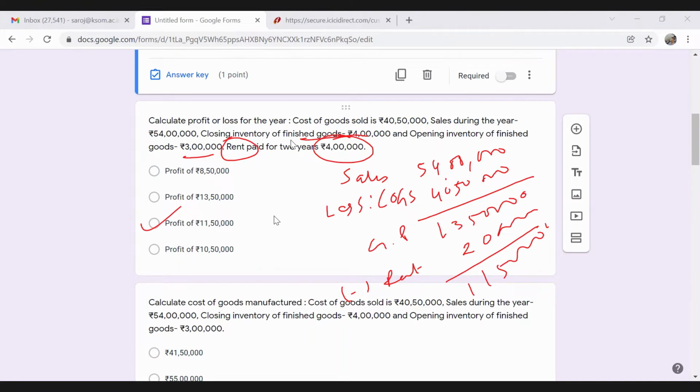You have to take the relevant information for your calculation and decision. So that's why we will leave it. Focus on the way I'm explaining instead of writing down the answers, otherwise you will miss the concept.